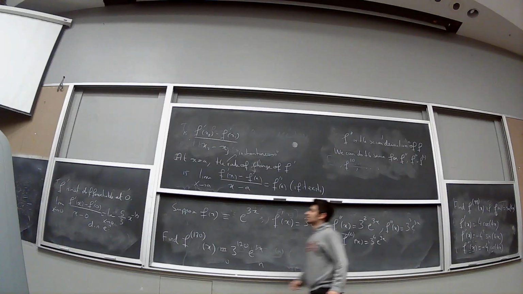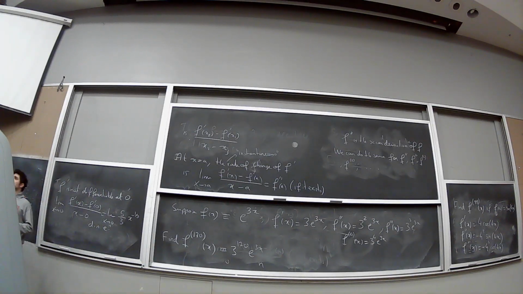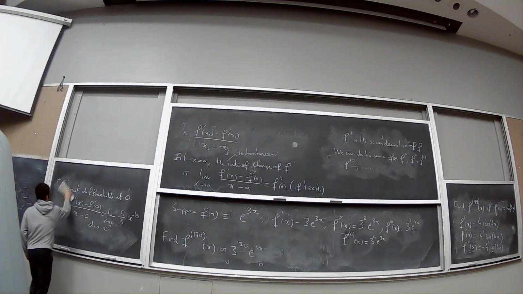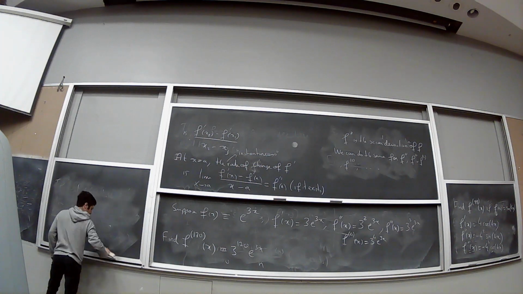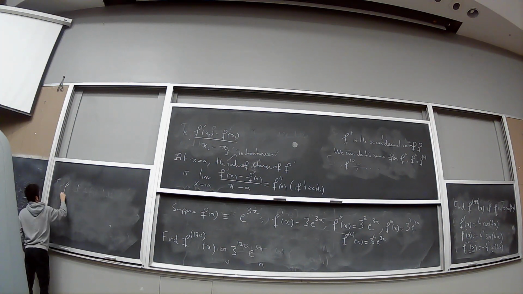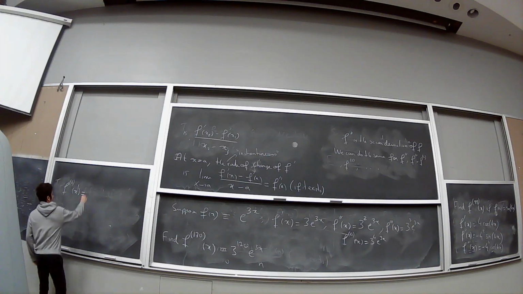Let's look at the fourth derivative. Who wants to volunteer for the fourth derivative? Yes? 4 to the fourth sine 4x. Is that good? Do we all see what's happening here?